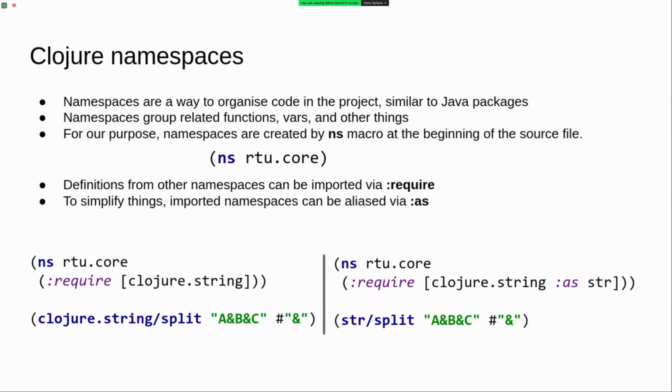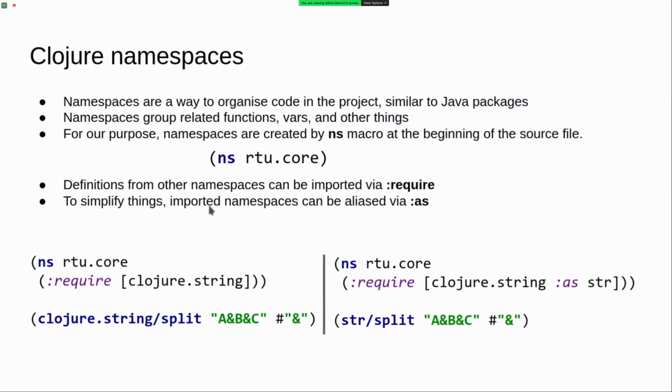So when we create a namespace, the next thing that we want to do is use stuff from other namespaces, call it or export it. And there are multiple ways how we can do it in Clojure, but we will for now use the require keyword.